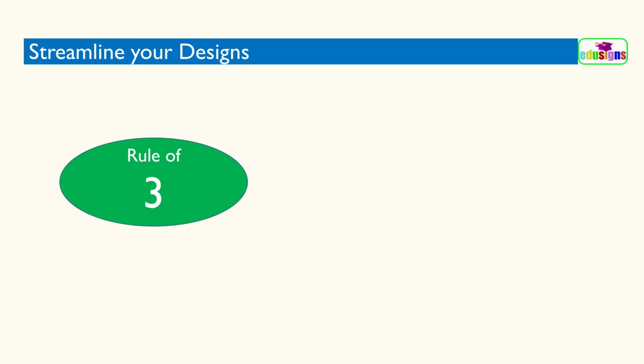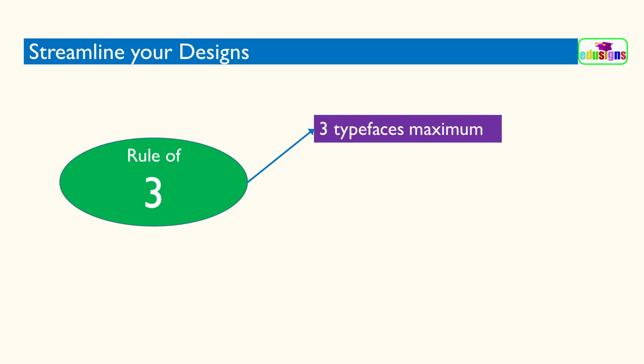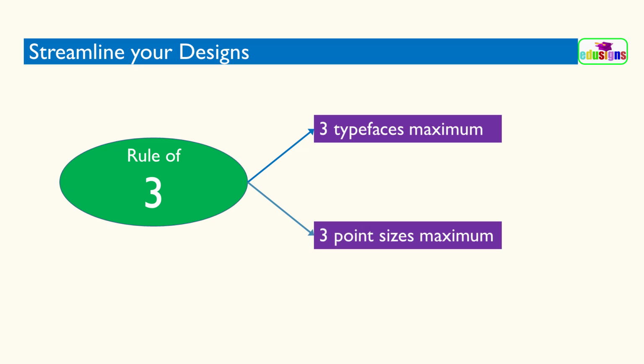For a streamlined design, remember the rule of 3. A maximum of 3 fonts and a maximum of 3 point sizes. A common way to use this rule is to use your largest font for top-level headings, a medium-sized font for subheadings, and another font at 16 pixels for the paragraph text.